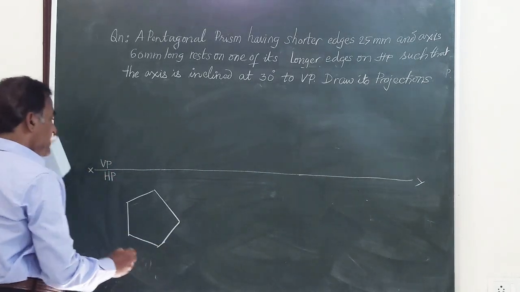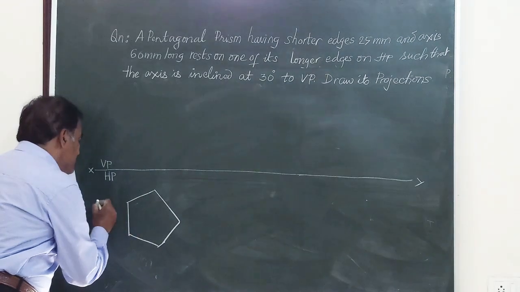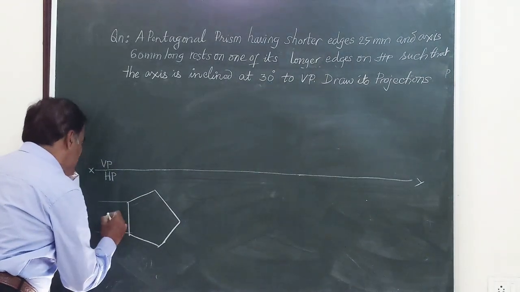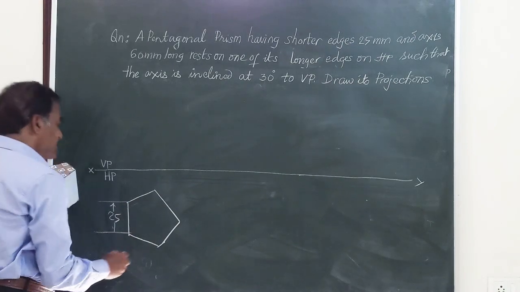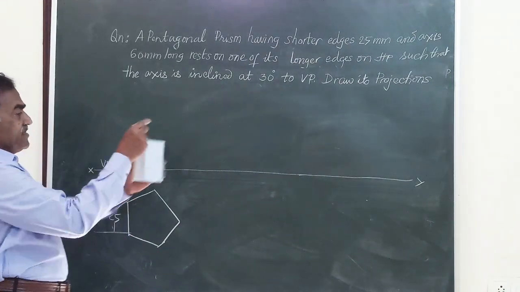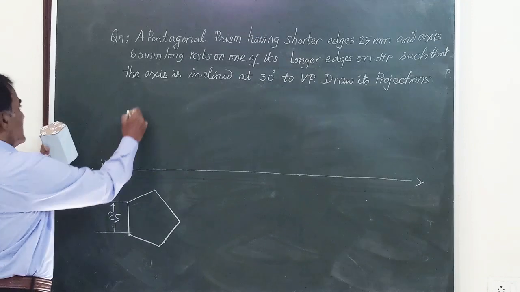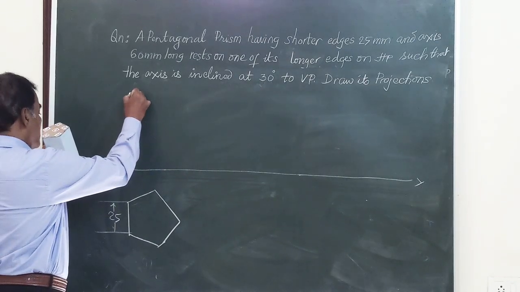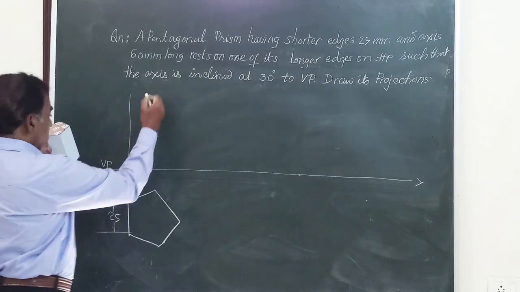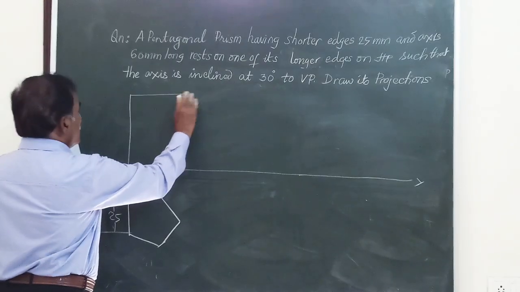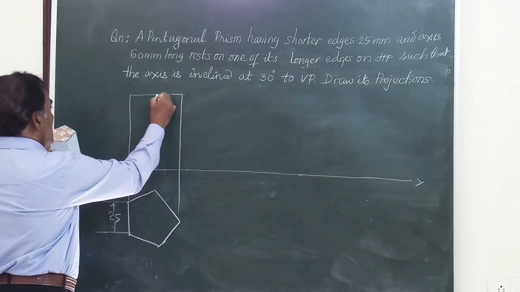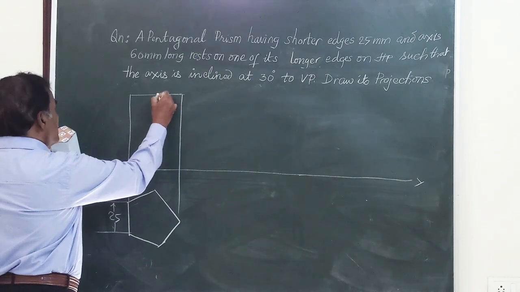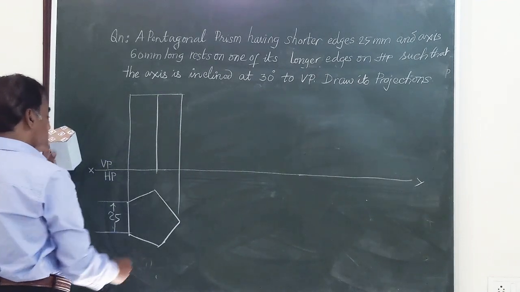This is the pentagon I have constructed here, and this has got the edge measuring 25 mm. I mark that. The corresponding front view for this will be just 2 rectangles you are getting here. Let me mark them. So these are the 2 rectangles you are getting, and now we will mark their axis, etc.